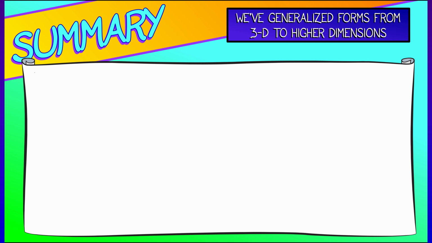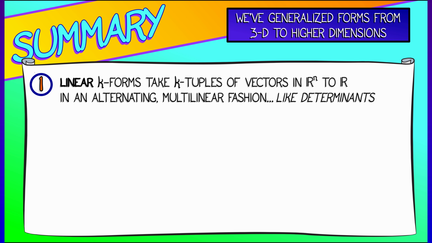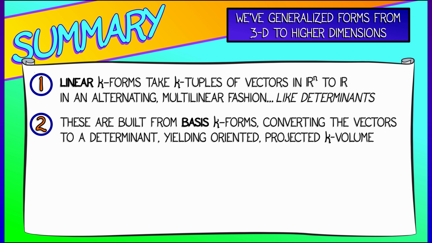Okay, so let's summarize what we have done so far. We have generalized differential forms from 3D to arbitrary dimensions, starting with an abstract definition of linear k-forms as an alternating multilinear function on k vectors giving you a scalar, just like a determinant. And these are decomposed into basis k-forms, things that really are determinants giving you oriented, projected k-dimensional volume.